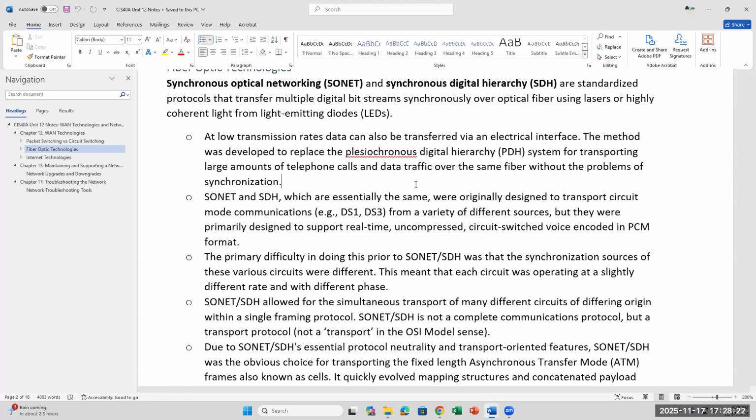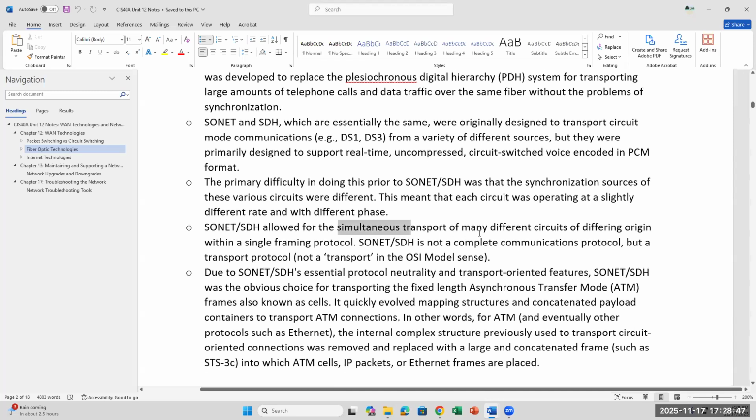So ultimately, the internet is really made of that. The super highway speed, where the routers are connecting. But when it gets to the smaller network, the private network, you're actually handling that even with routing on a lower scale. So that way it becomes more efficient. So here it tells you that your SONET or your SDH allows you to simultaneously transport different circuits. So ultimately, it's still using electrical circuits.